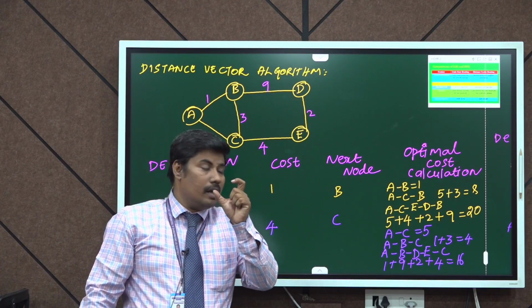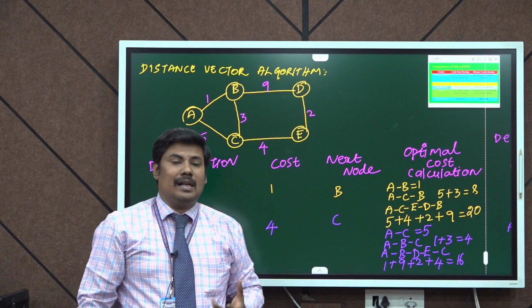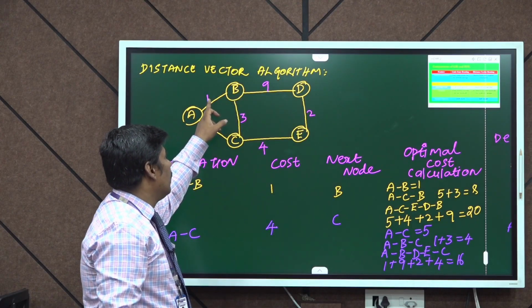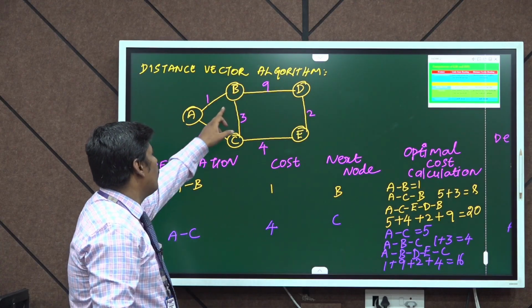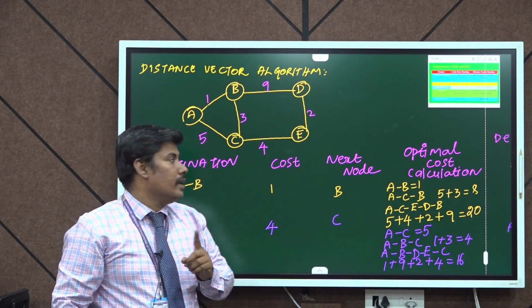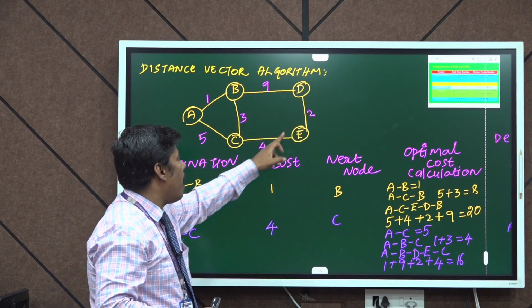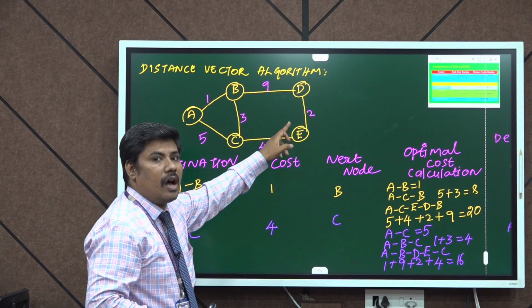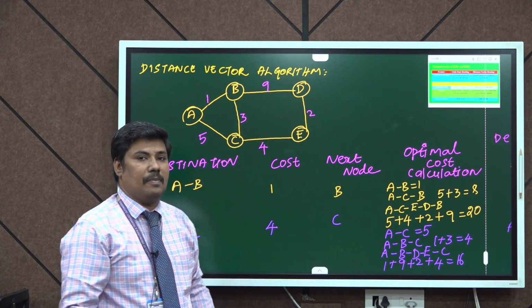Every router is connected with some cost values. The distance of the data is called cost. Here A to B the cost value is 1, then A to C the cost value is 5. Similarly all routers have some cost values.